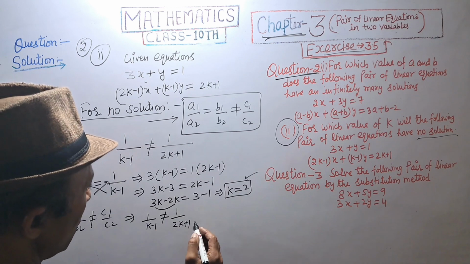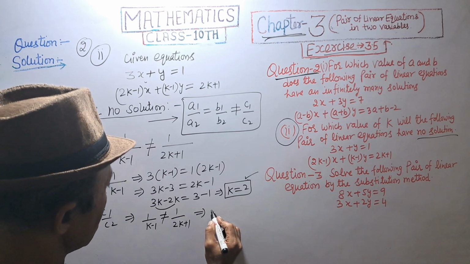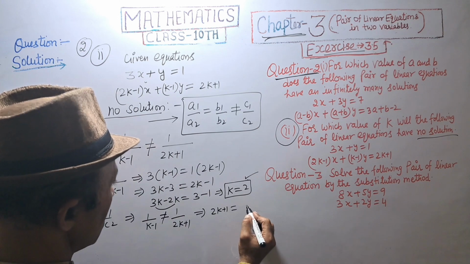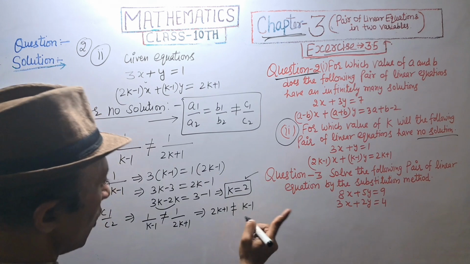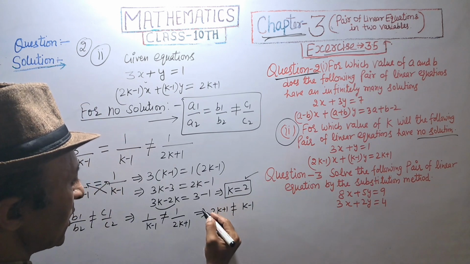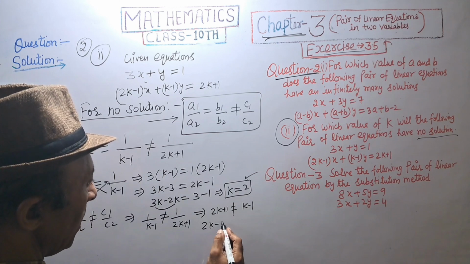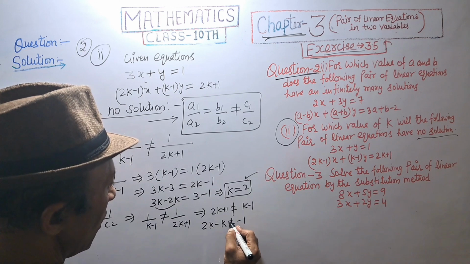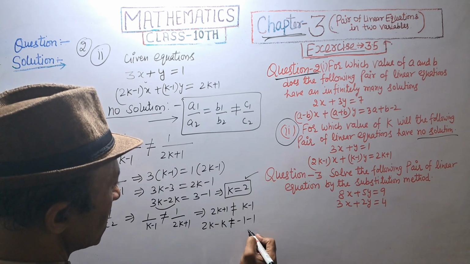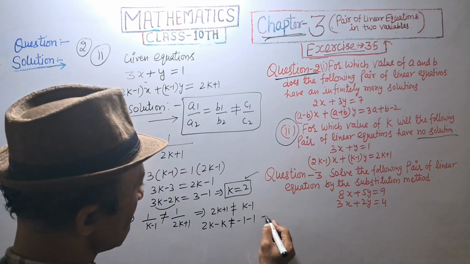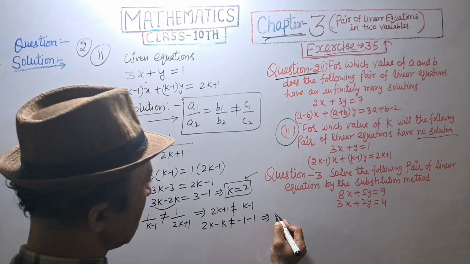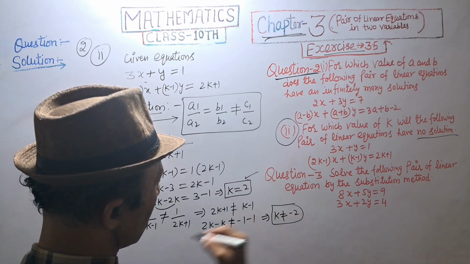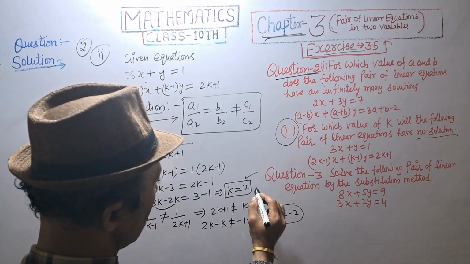This implies 2k plus 1 is not equal to k minus 1. Shifting k to the left side, 2k minus k is not equal to minus 1 minus 1, that will be minus 2. This implies k is not equal to minus 2. Answer.